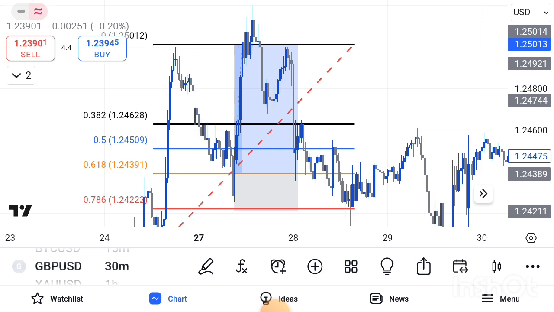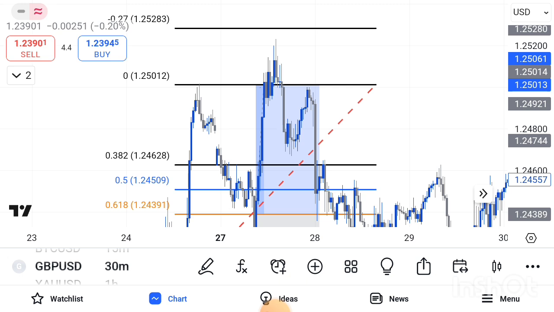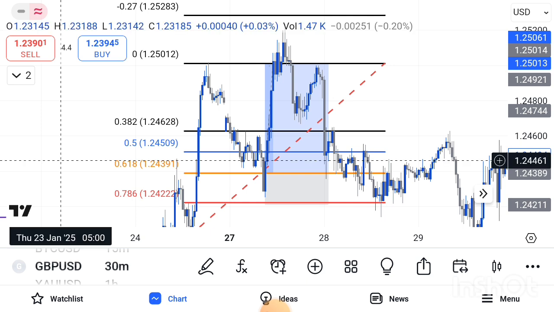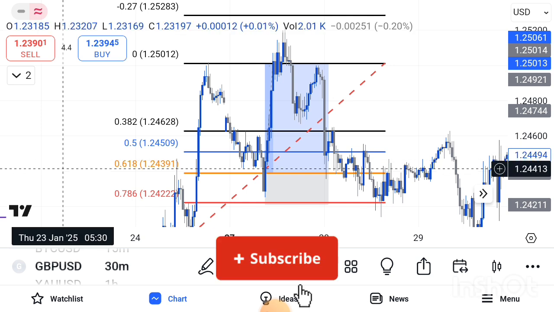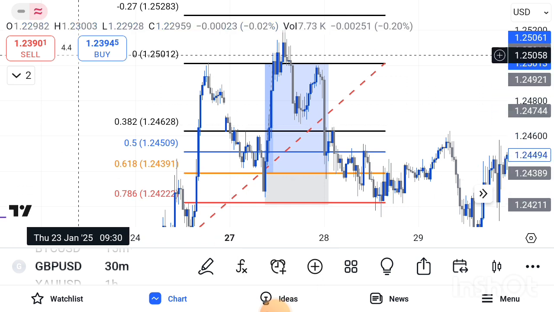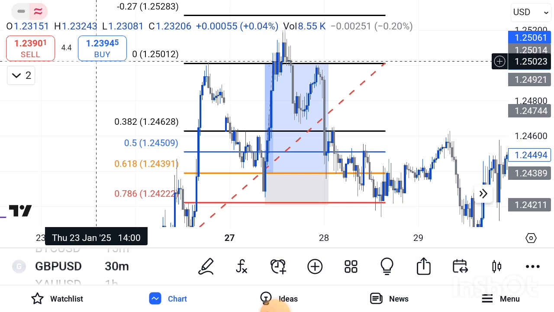Then four, your take profit zone is your 0 zone, or your swing high or swing low. I don't know how to put it, but look at the numbers. I work with the numbers. Remember, 61.8 is entry, point of interest. 78.6 is stop loss. Then 0 is your take profit, and as you see here, take profit was smashed on this trade.